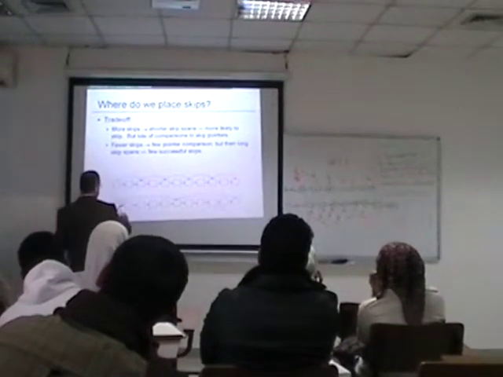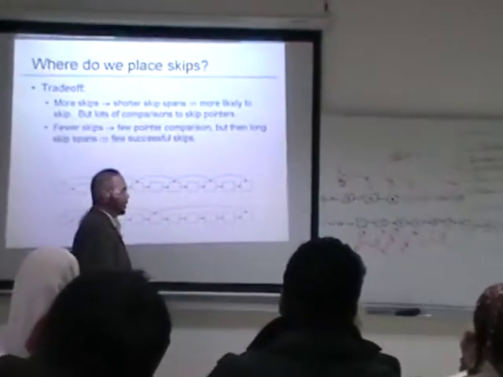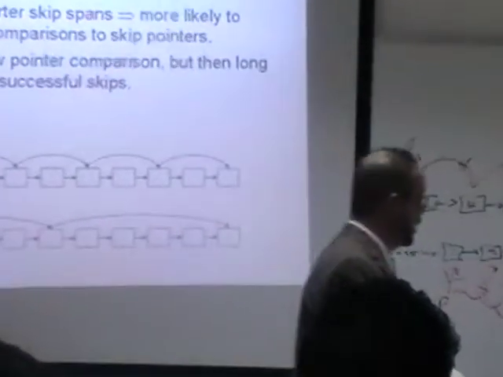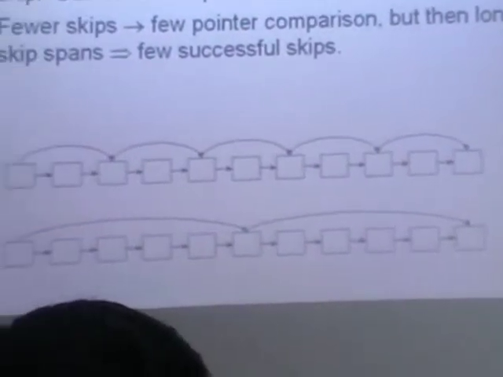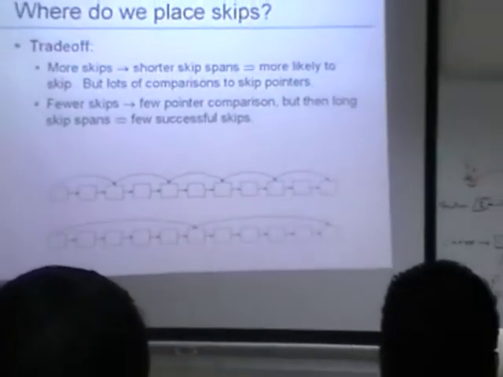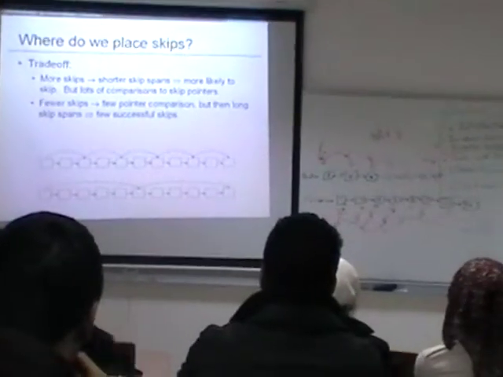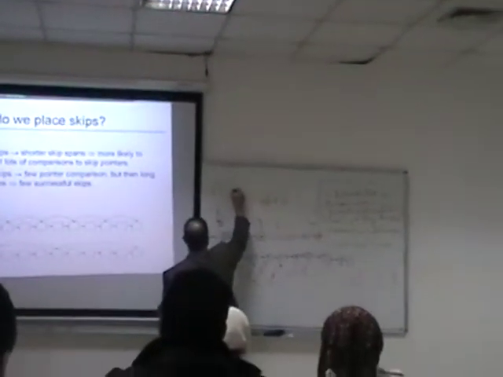How many are these? 1, 2, 3, 4, 5, 6, 7, 8, 9, 10, 11. So square root of 11 we truncate, or we approximate to the next higher number if it is a fraction. If we have a list of 16 nodes, we skip 4.